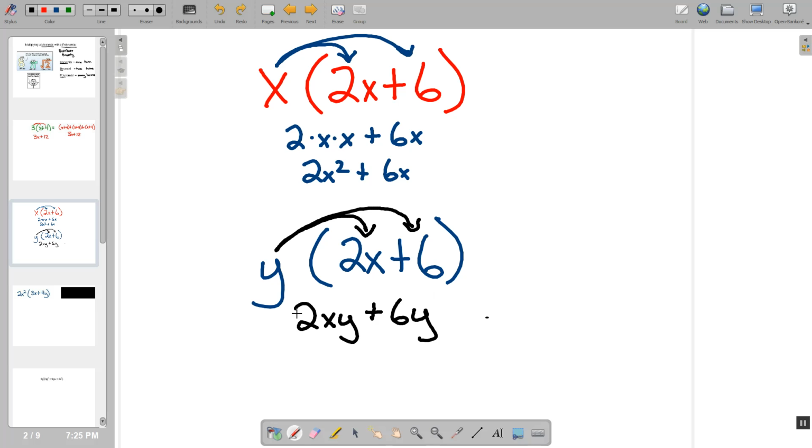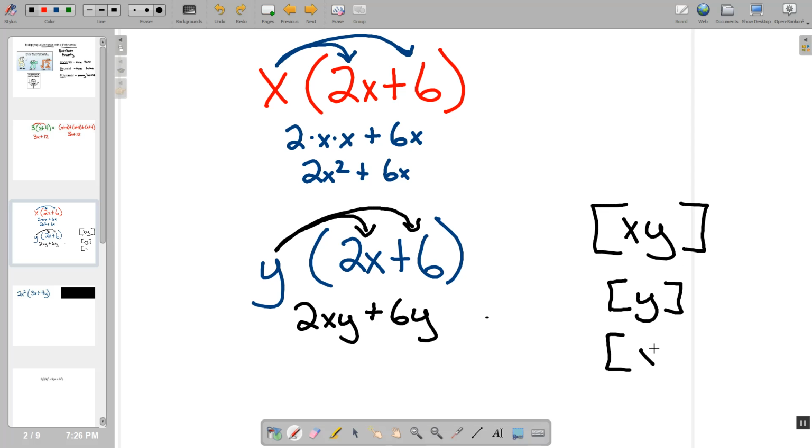Now, the variable xy, if we think of this as one singular variable, is different than the variable y or the variable x, which means this term and this term cannot be combined, so we are in simplest form. And right here, this is what the lesson is covering, multiplying a monomial times a binomial or polynomial.